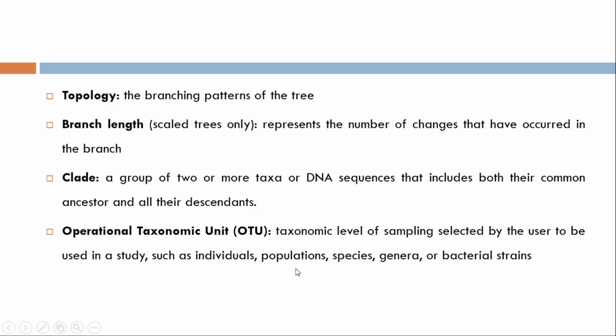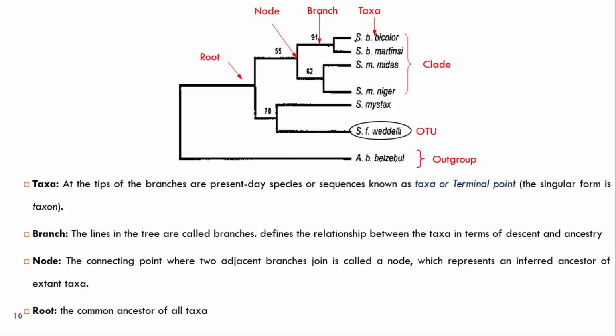Operational taxonomic unit, OTU. What do you mean by operational taxonomic unit? It is the taxonomic level of sampling selected by the user to be used in a study, such as individual, population, species, genera, or bacterial strain. If I focus on this particular figure, this phylogenetic tree, suppose I am studying the phylogenetic analysis of this SF Weddellii. Whatever organism, sequence, or protein I am targeting to study for the phylogenetic analysis or evolutionary relationship is simply known as the OTU.